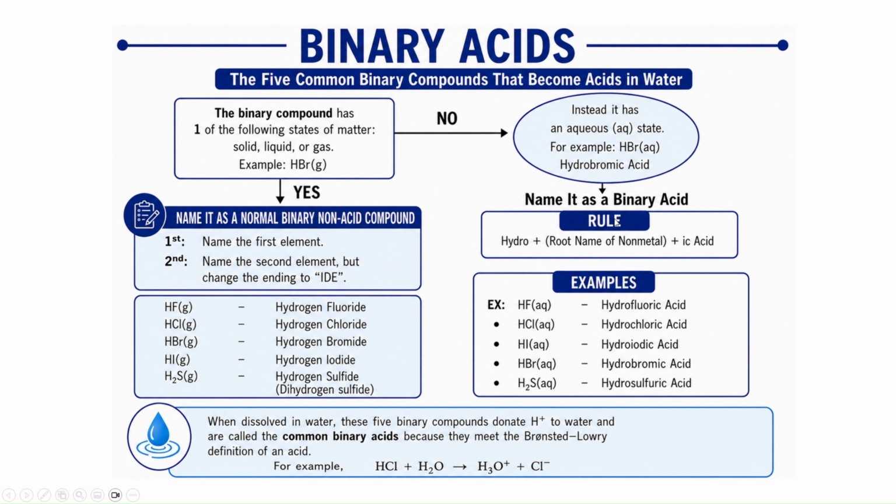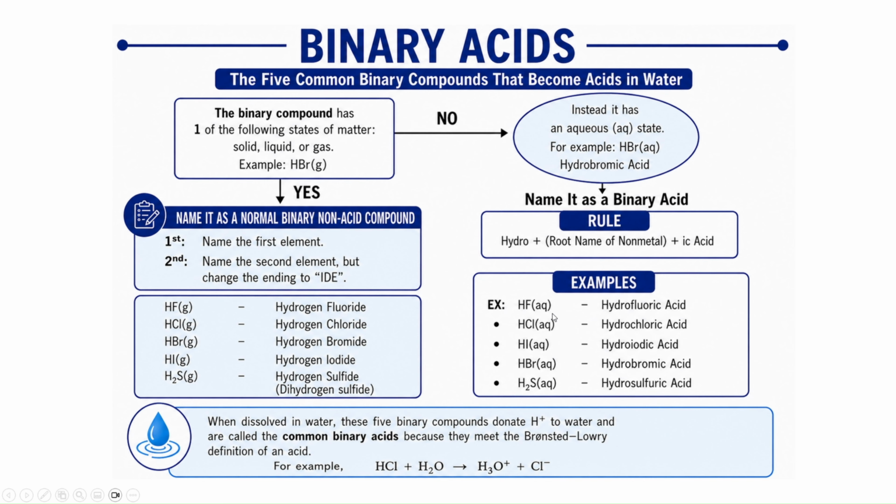And it's going to have the following rule. You write the word hydro plus the root name of the nonmetal plus the suffix ic and the word acid. Examples include hydrofluoric acid, hydrochloric, hydroiodic, hydrobromic, and hydrosulfuric acid.